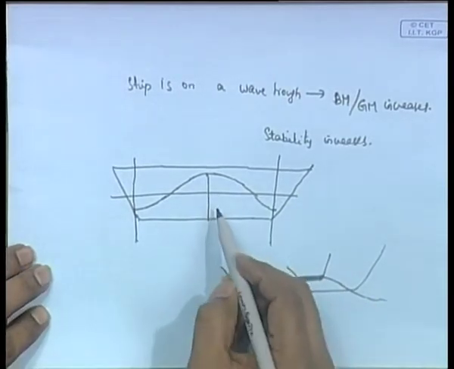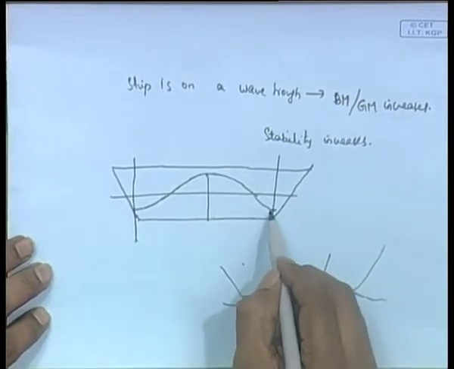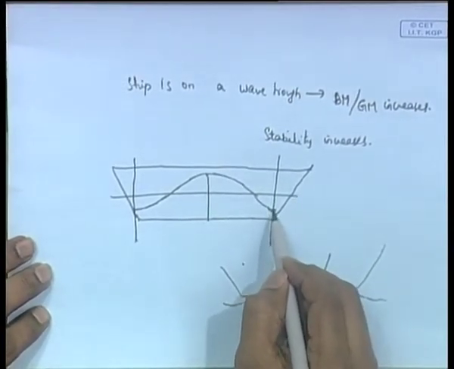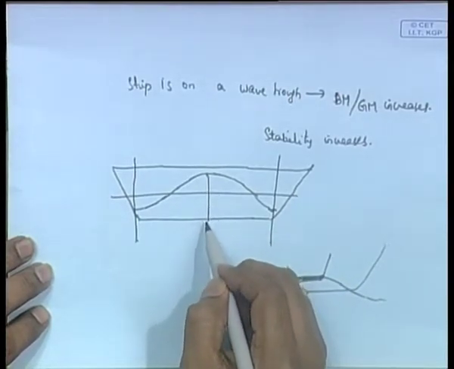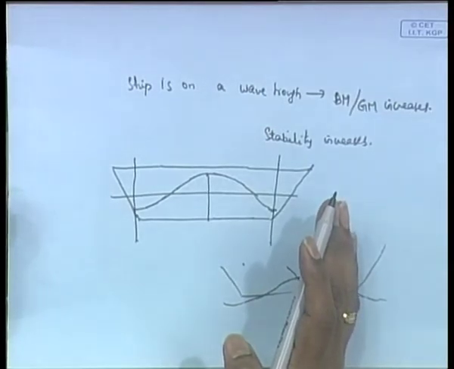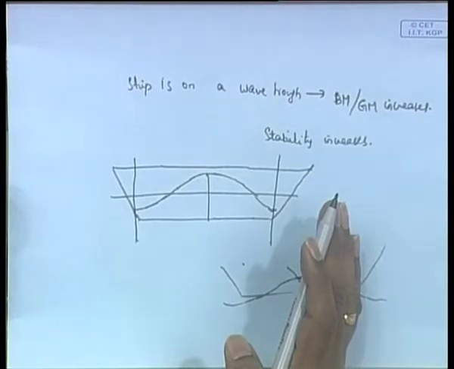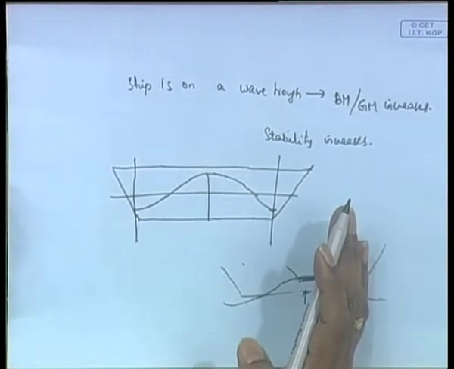Now what happens? The reverse of what I just said before occurs here. In this case, you see that in the midship again there is an increase in draft, but that does not change the overall breadth of the ship, it does not change I so much, because in the midship the ship is mostly wall sided, there is hardly any difference in the breadth, and consequently the moment of inertia does not change.